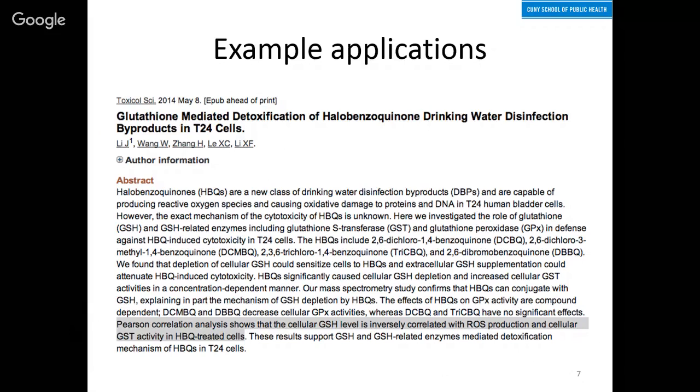And this, by the way, is a result of a hypothesis test. So they're saying if you have a null hypothesis of zero correlation, they have rejected that hypothesis and are saying that there is an inverse correlation.